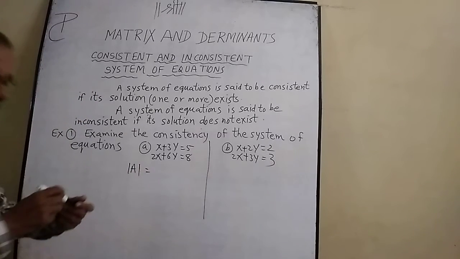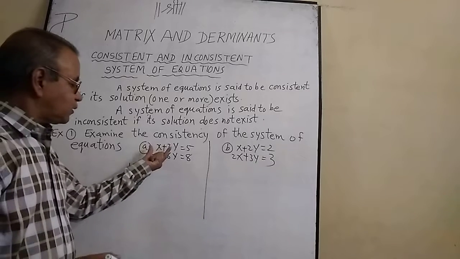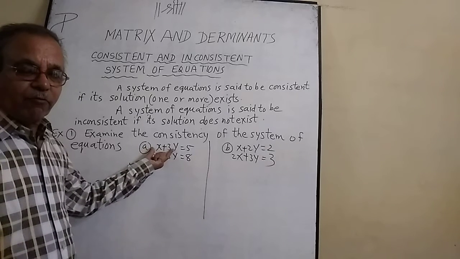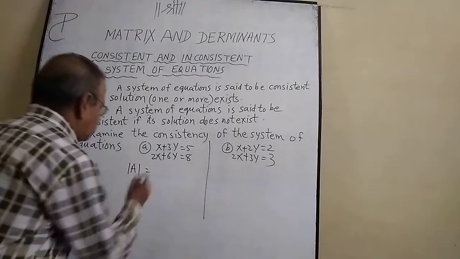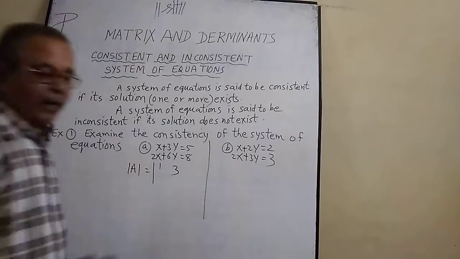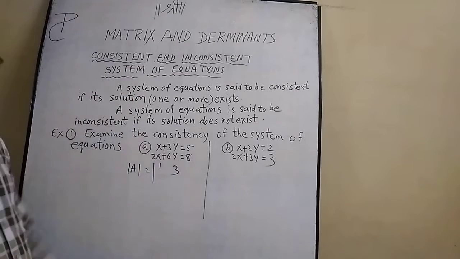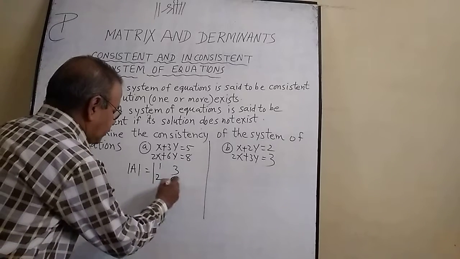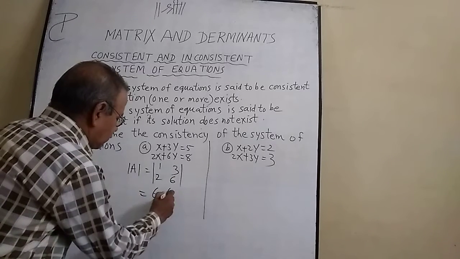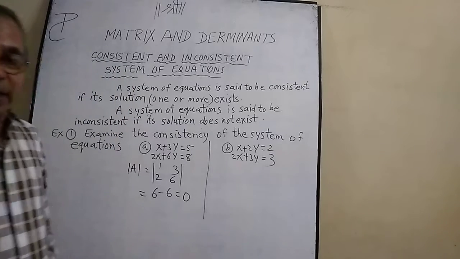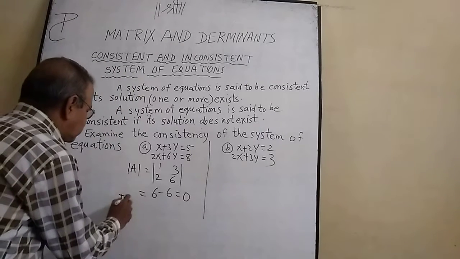For the determinant, first of all in the first row we take the coefficients of x and y, that is 1 and 3. And in the second equation, we take the coefficients of x and y, and that is equal to 0, and it means it is inconsistent.